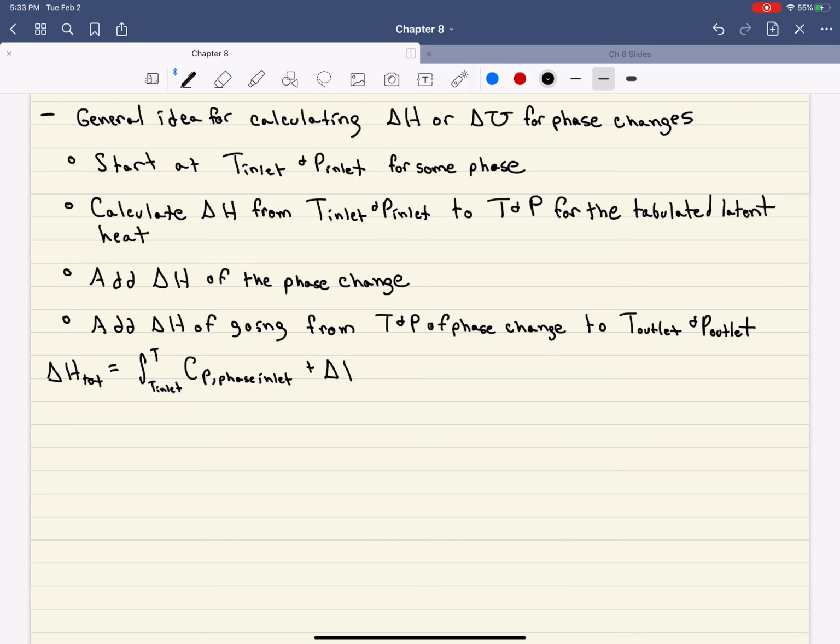Then you add on the latent heat that's associated with the phase change at the tabulated T and P, and then after you phase change, you're going to integrate again using the heat capacity, but now the heat capacity that's associated with that new outlet phase. All right? And so this is sort of an abstract concept, but we're going to get a lot of practice developing these hypothetical process paths, including in the next video.